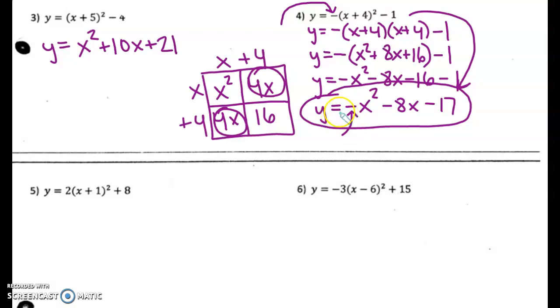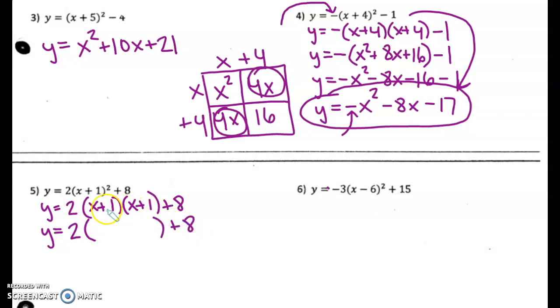So let's do that one real quick, and then I'm going to get you to do number 6, which has a negative and a number on it. Okay, so we got y equals 2, and then x plus 1 twice because it's squared, and a plus 8. Okay, remember what I said. You can do this 2 ways, but I like to keep the 2, multiply the x plus 1s out first.